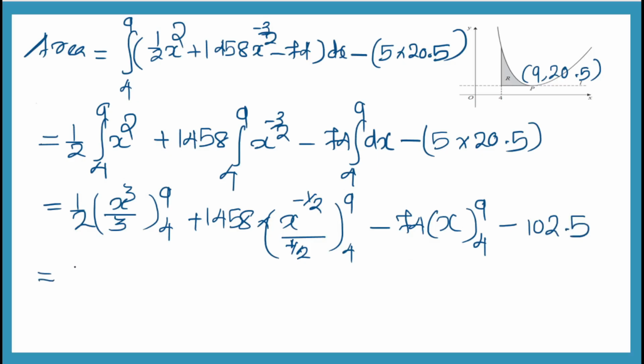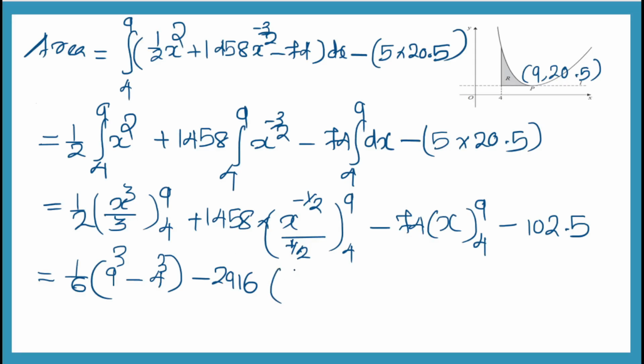that equals 1 by 6 times 9 cube minus 4 cube. Now 1458 times 1 by minus 1 by 2 is minus 1458 times 2, that equals negative 2916. x to the power minus 1 by 2 means 1 by root x.